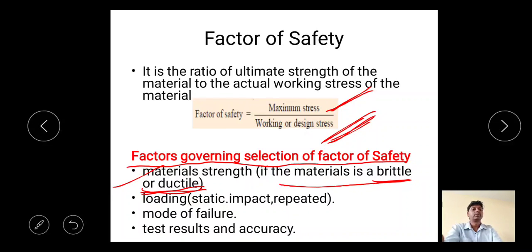Then loading, it depends on what type of loading you apply, static, impact or repeated loading. Then the mode of failure, which type of failure, we will study about failure in the next slide. Then the test results and accuracy. It depends on all these factors.